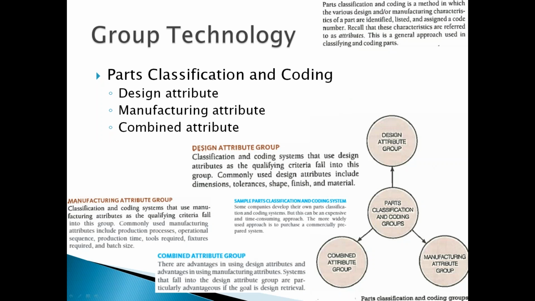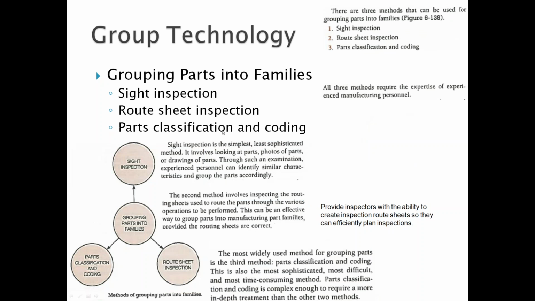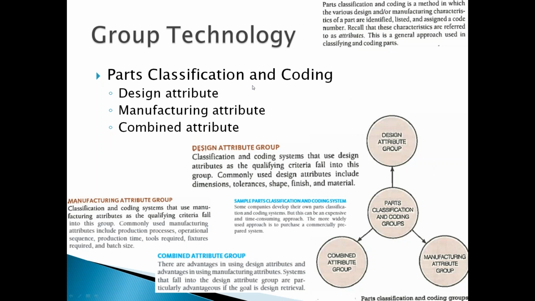And part classification. We talk about site inspection, routing sheet inspection, and part classification and coding. Part classification and coding is a method in which the various design or manufacturing characteristics of the part are identified, listed, and assigned a code number.